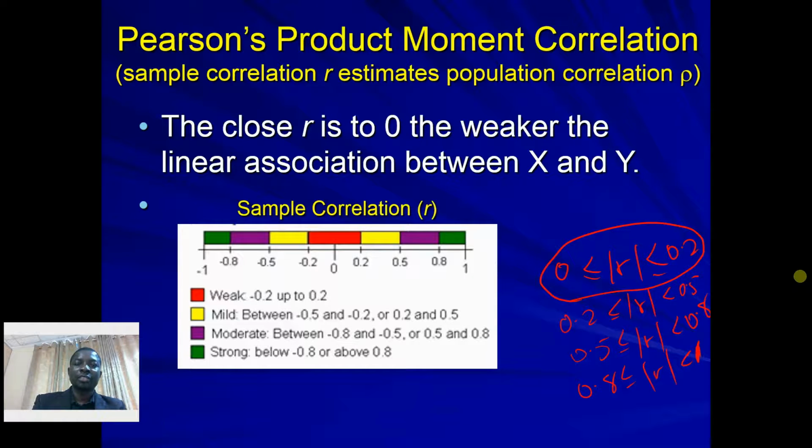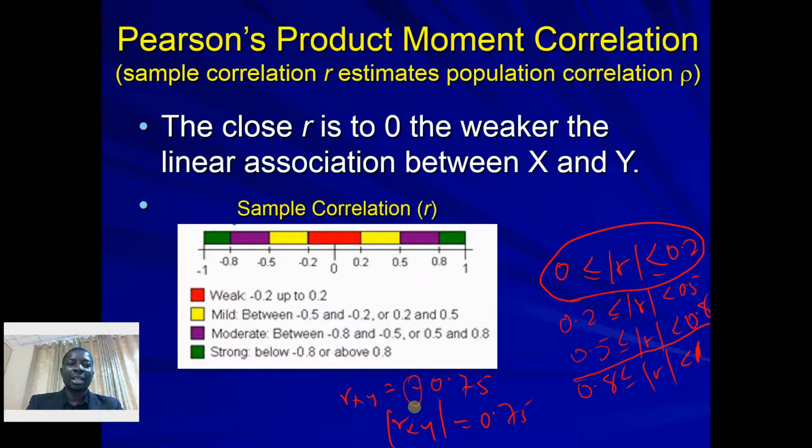So for example, if the correlation coefficient between x and y is equal to negative 0.75, the absolute value is 0.75. So it will fall within the range here, which we say is moderate. And since the sign is negative, it means that it's a negative moderate correlation between x and y.